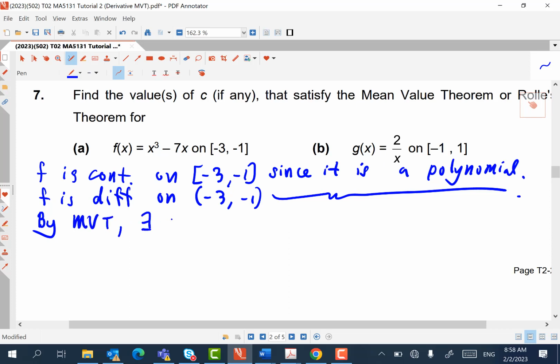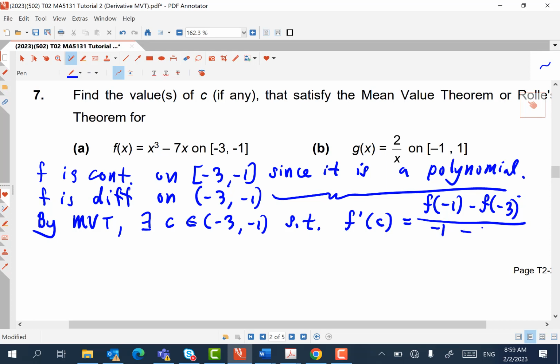Do you know the symbol? That exists. And do you know this short form? Straight line. Good one. Such that. Okay, so how do we evaluate this?